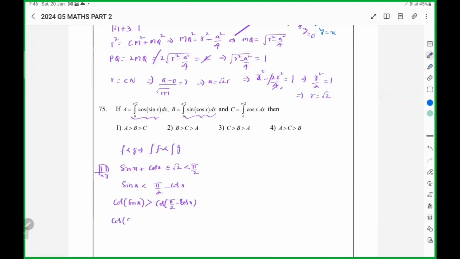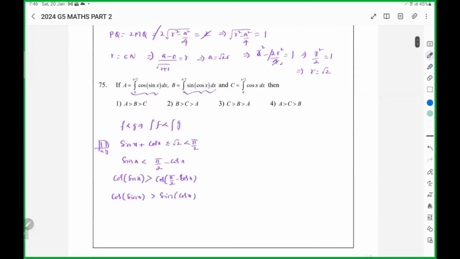So cos of sin x is greater than sin of cos x, which implies integral of cos of sin x is greater than integral of sin of cos x dx. So which clearly implies, whatever may be the limits, A is greater than B. So here it is wrong. Maybe first or fourth.